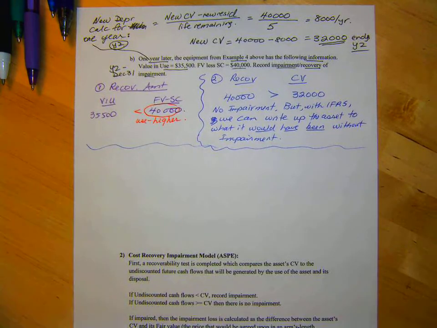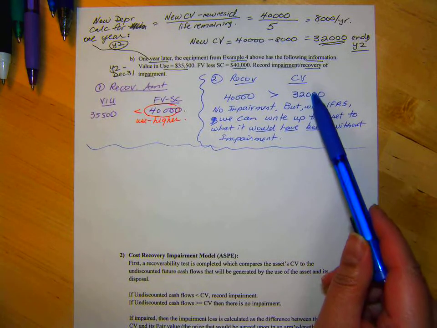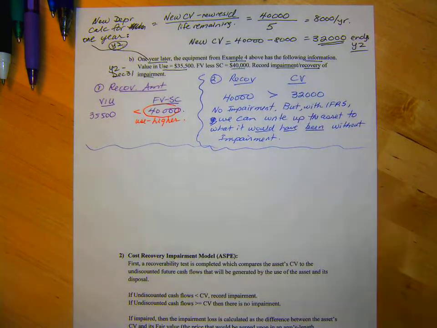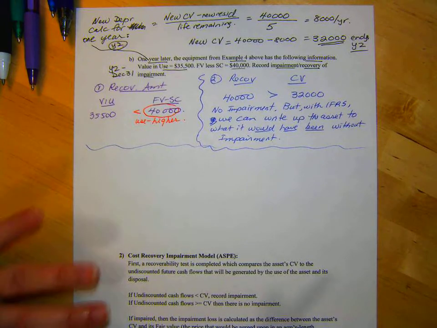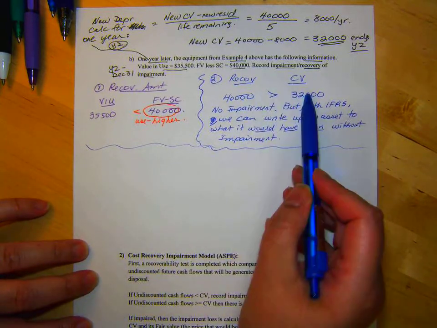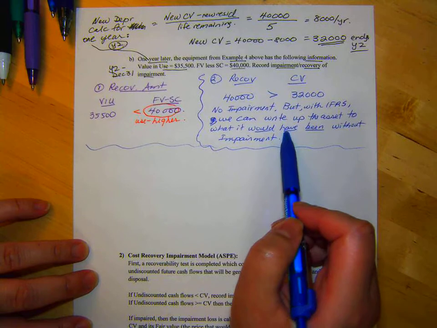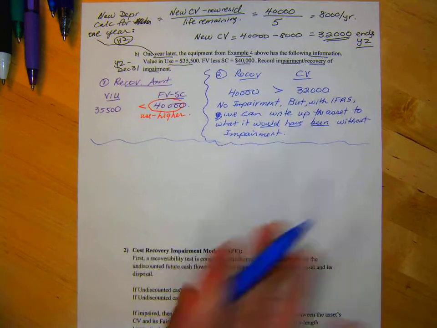So you can write it up if you imagine the impairment last year didn't happen and it went along its merry way and had its depreciation and came to a carrying value this year. You could write this up to what that carrying value would have been. Okay? So you can't necessarily go, oh, I can write up this whole 1,000. Only what allows you.